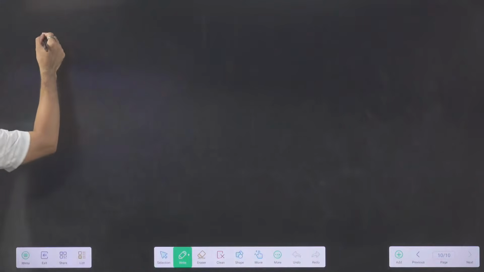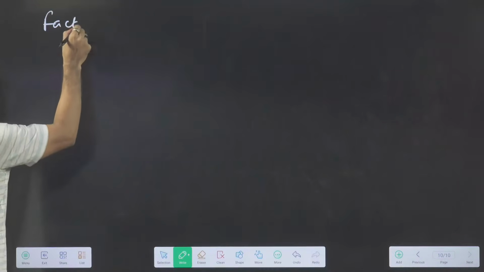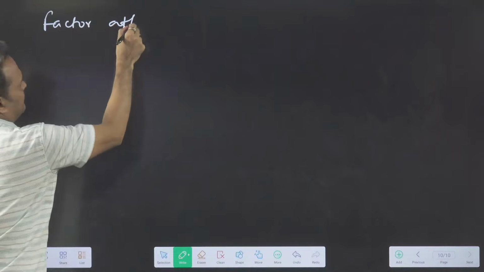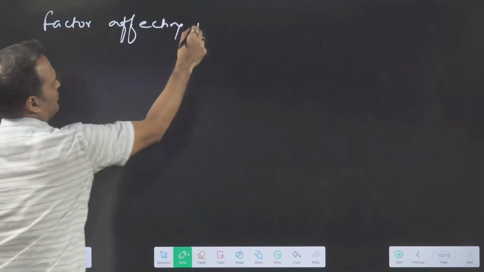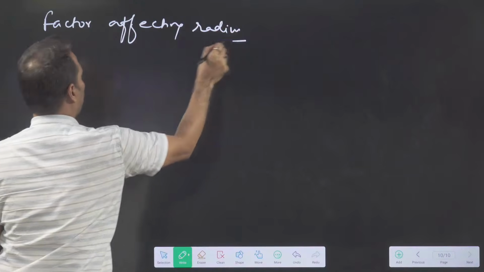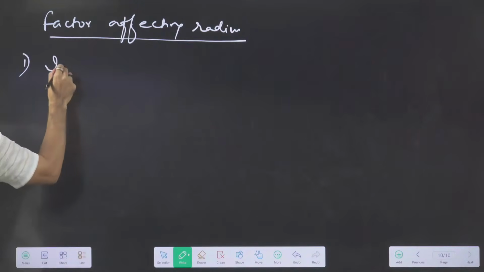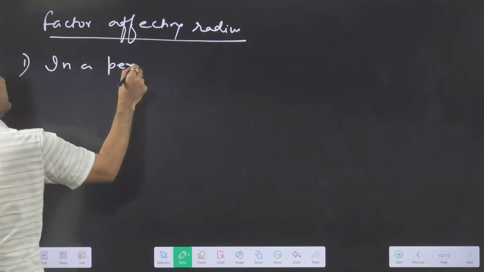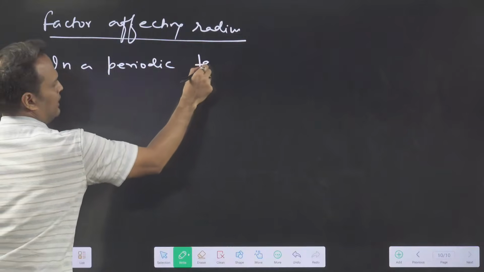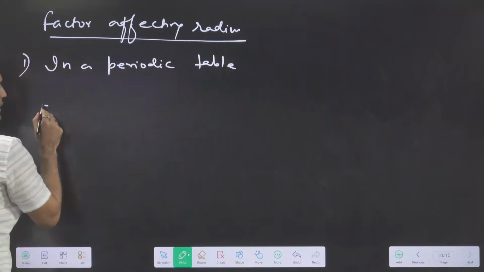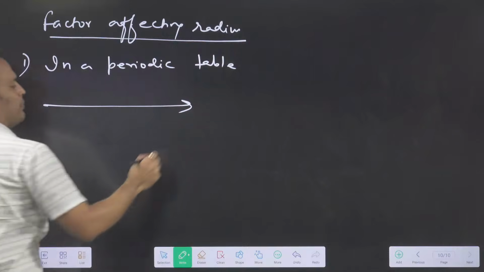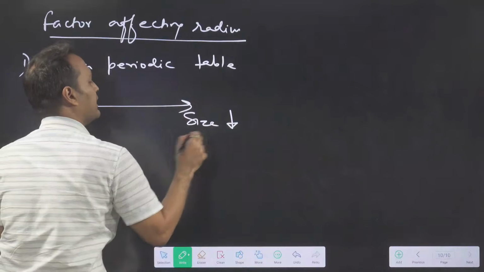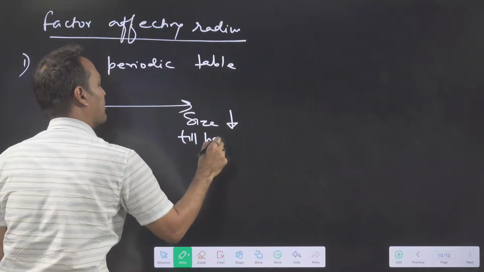Now let's see the trend in a periodic table. Look carefully, here it says factors affecting radius. First we will talk in a periodic table. So we know that if you go left to right in a periodic table, size decreases till halogen.